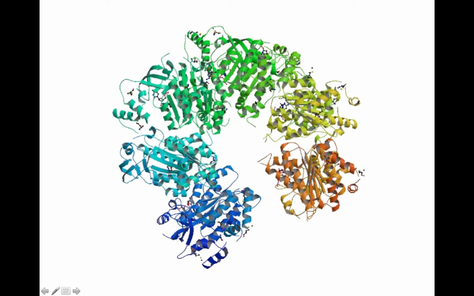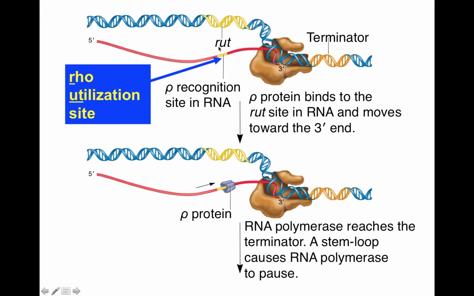And notice that they form kind of a horseshoe or a clamp. Rho binds to the messenger RNA, or any RNA, close to the end of the transcript at a site called RUT, or Rho utilization site.